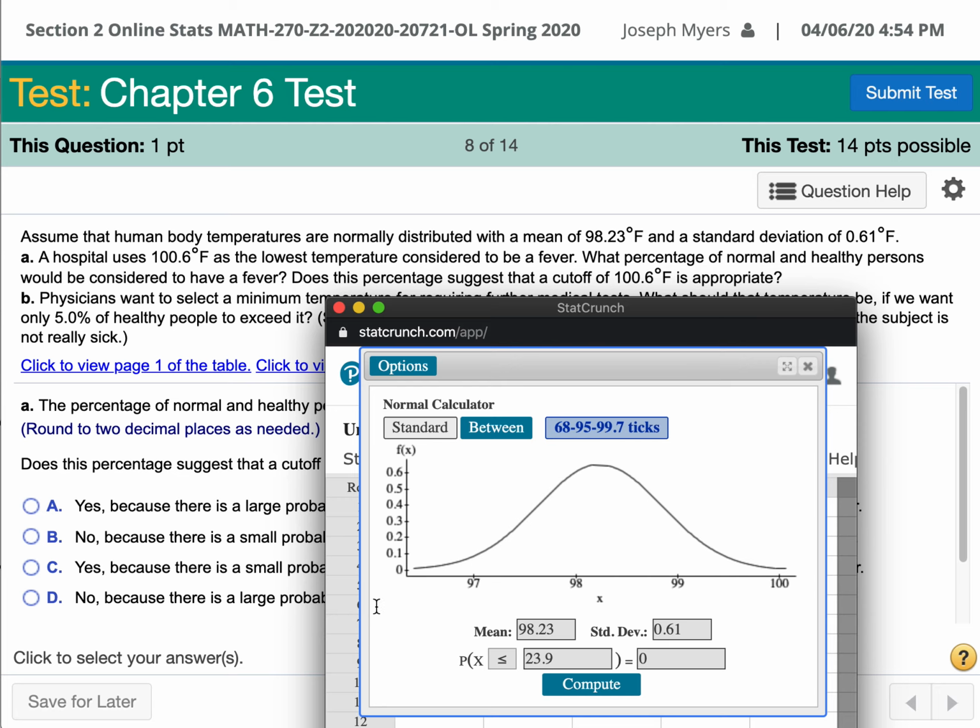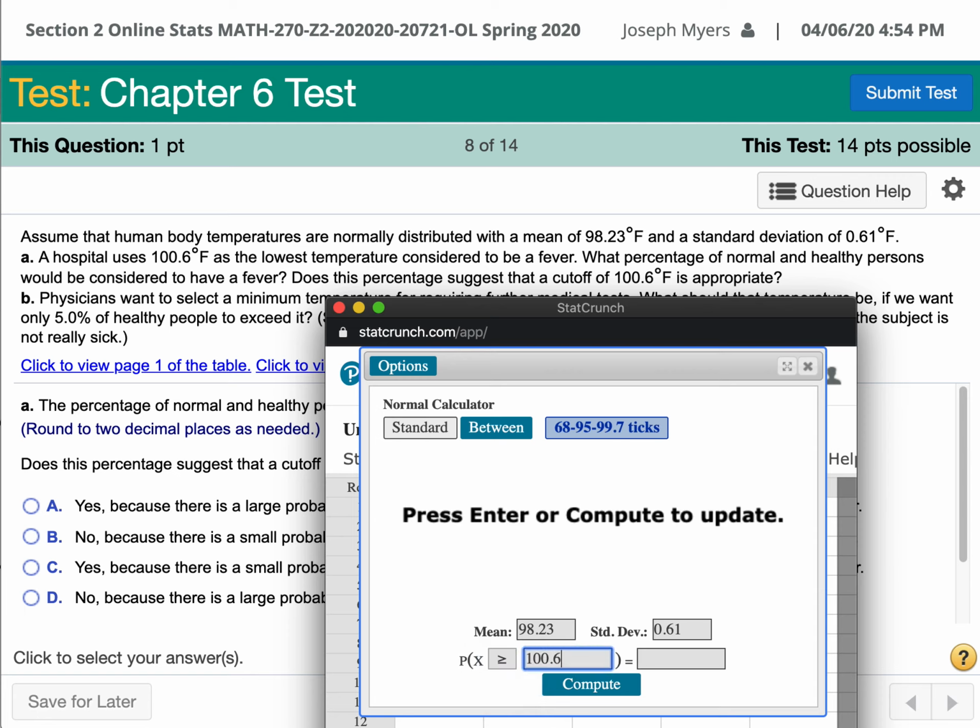A hospital uses 100.6 as the lowest temperature to be considered a fever. So we want to find out what percent of normal and healthy persons would be considered to have a fever. The mean is 98.23, the standard deviation is 0.61. They are considered to have a fever if their temperature is greater than or equal to 100.6. Now I'm going to click compute to find that probability.